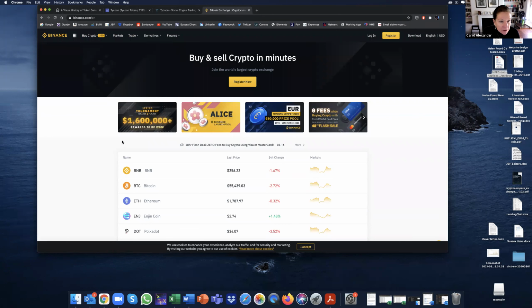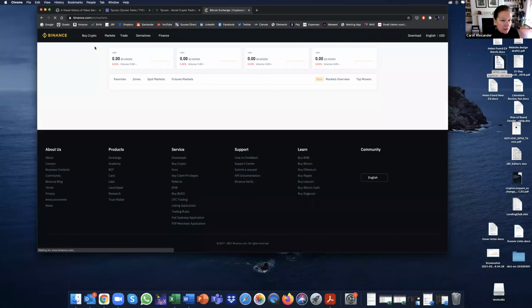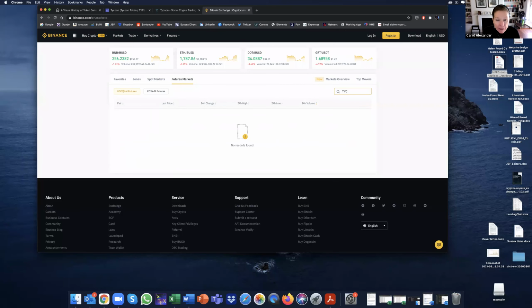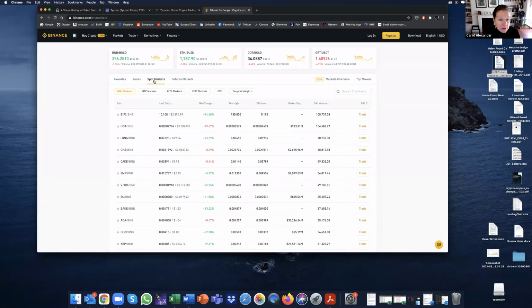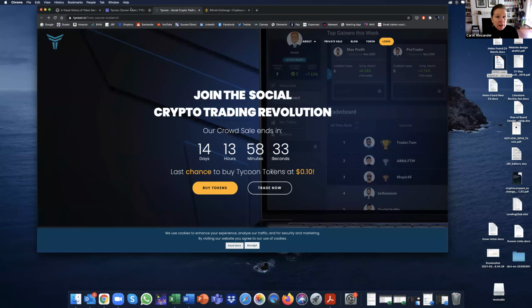I need a search. I almost always just go on the derivatives thing here. Have I got a search function here? Yeah, search coin. TYC. No, that's just futures spot. It doesn't seem to be trading there. Okay, but anyway, that's the Tycoon coin.